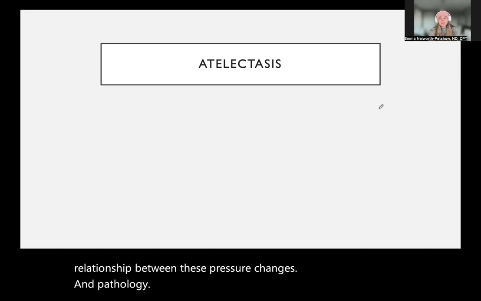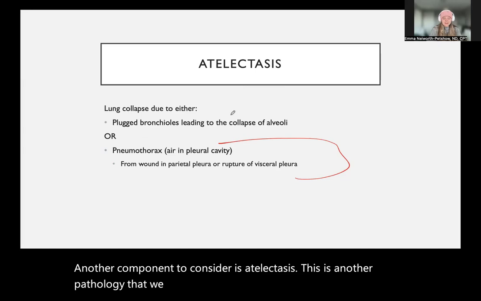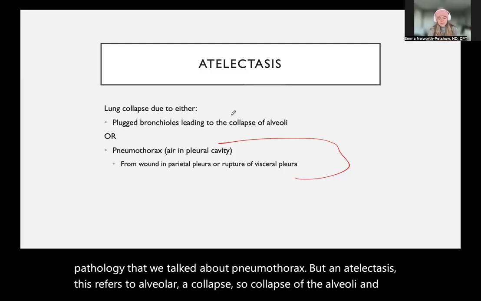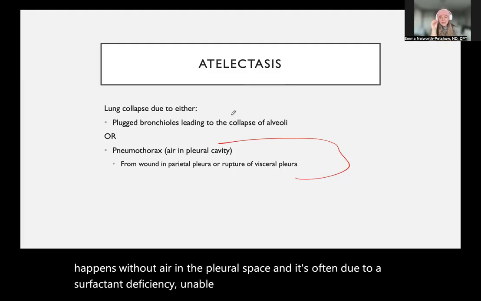Another component to consider is atelectasis. We talked about pneumothorax, but atelectasis refers to alveolar collapse, so collapse of the alveoli, and this happens without air in the pleural space. It's often due to a surfactant deficiency, being unable to maintain the opening of those alveoli.